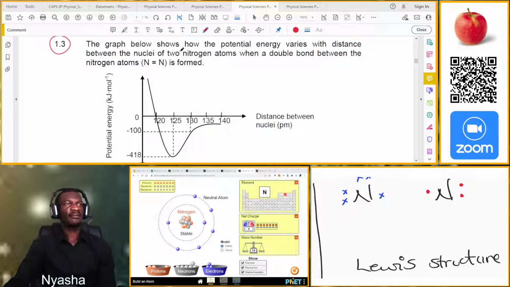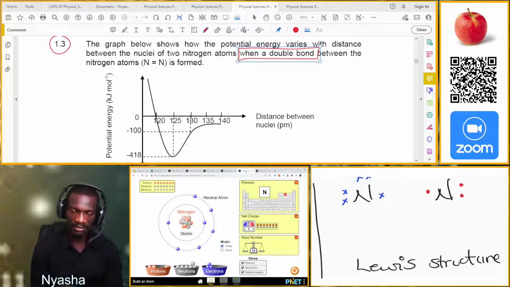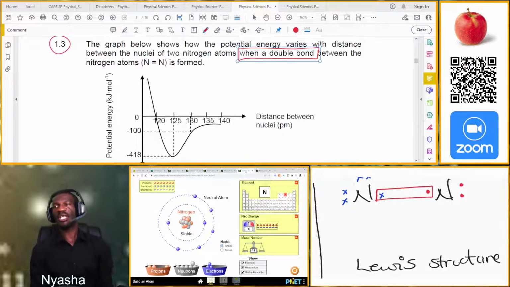So the graph is showing how the potential energy varies with distance between the nuclei of 2 nitrogen atoms when a double bond between the nitrogen atoms is formed. So if we have this only, we will have a single bond, isn't it?